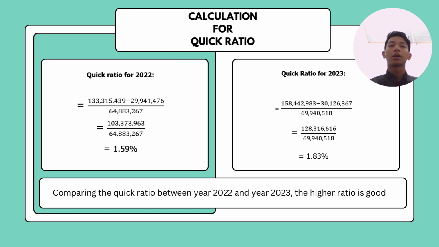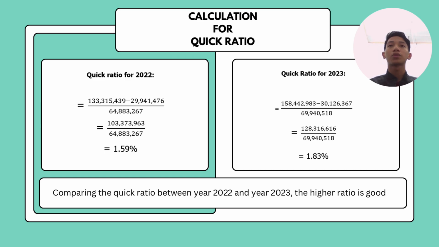Okay, let's move to the calculation for quick ratio. For quick ratio we also calculate for two years, 2022 and 2023. Based on the formula, current assets minus inventory, divided by current liabilities.